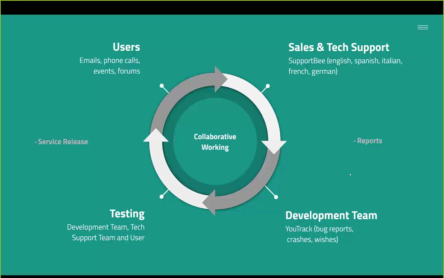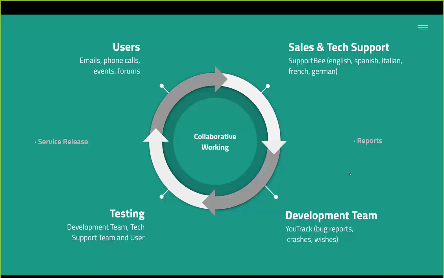And what we usually do is we get all these bug reports, or we get wishes, people that tell us, hey, we want this implemented in Rhino. So as part of the tech support, we create reports that go to our development team, and our development team will build or fix any kind of bug, and send it back to us for testing.